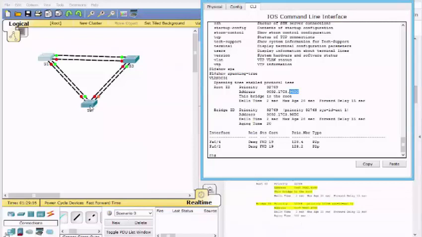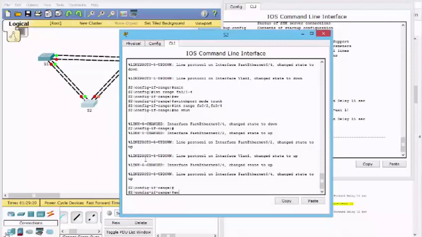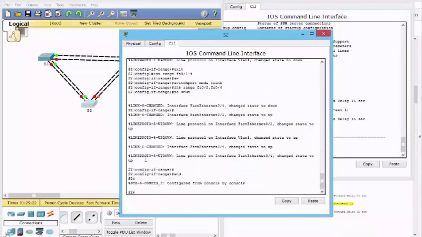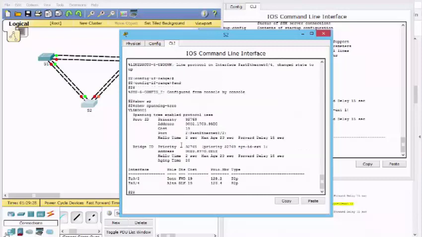Now we go to switch 2. We go to the privileged executive mode, and then we type show spanning-tree, and it also shows the spanning-tree information for this switch. It has an address of 59DC, and it has a priority of 32769.